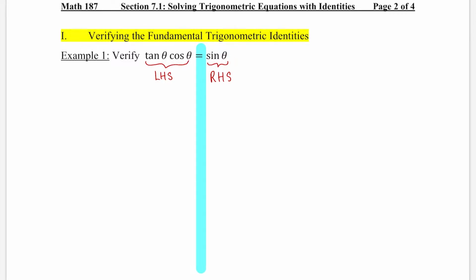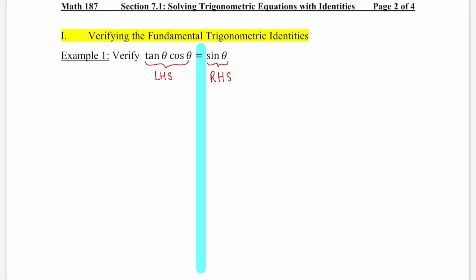I would choose one side and try to show that it's actually equal to the other side. For example, if I choose the left hand side, then I have to ignore the right hand side. I will use whatever I have on the left hand side, tangent of theta times cosine of theta, and try to rewrite it so it looks like the right hand side.